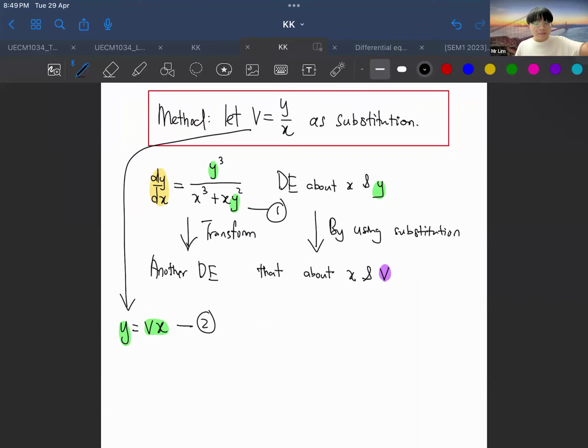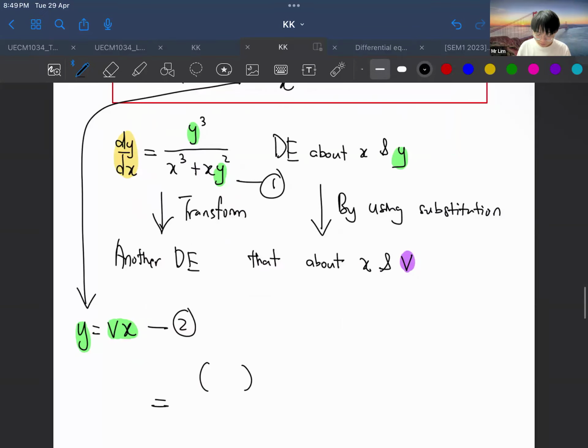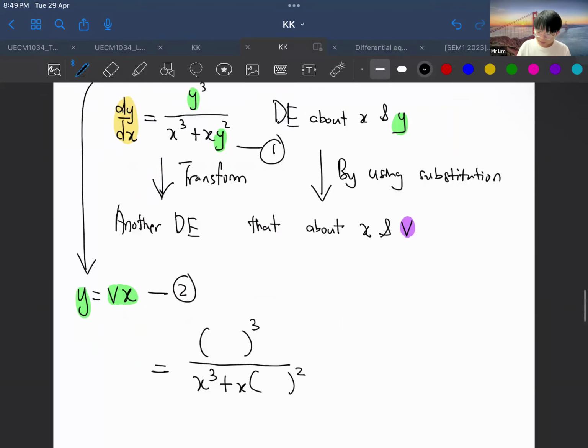Now, if I substitute number 2 into number 1, on my right-hand side I'm going to get something cubed, x cubed, plus x multiplied by something squared, where this something is my green color part, which is my vx, because I'm using this.